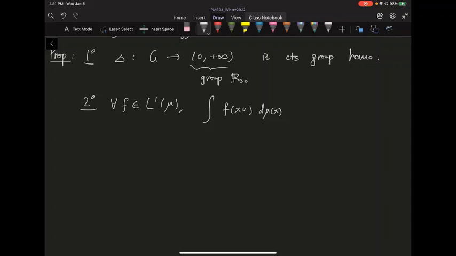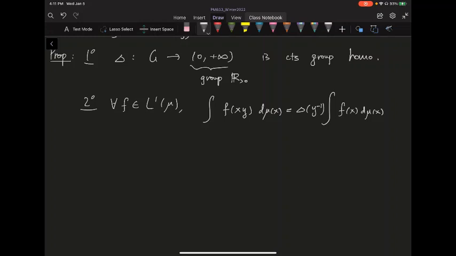But what if you want to put a y on the right-hand side? It turns out it is also related to the integral of f(x) d mu, but you need to put this modular function delta y. In other words, if you want to translate on the left, then by the left invariance the integral doesn't change. But if you want to translate on the right, then you need to compensate by adding this delta function.